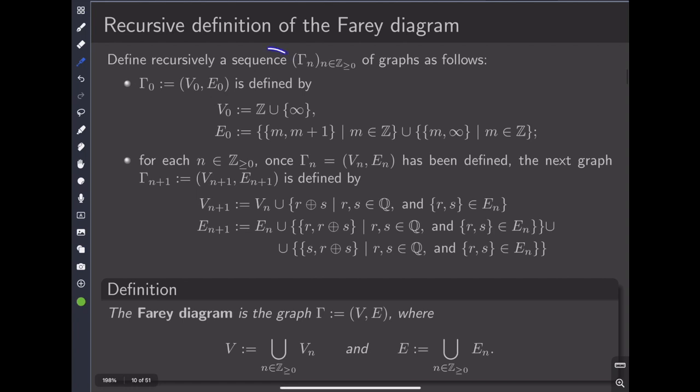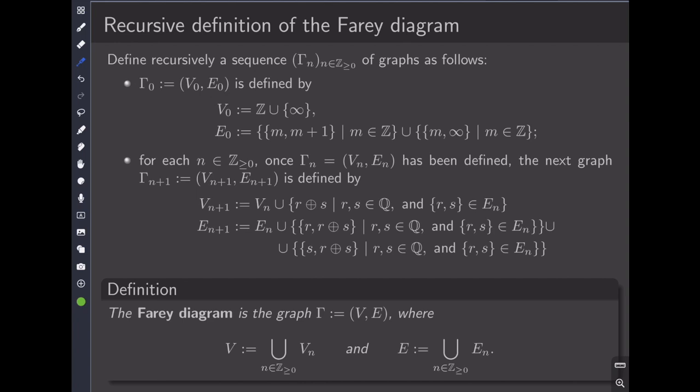Reminder of the recursive definition: we start with just the integers as vertices. There is an edge between any two consecutive integers, and there is an edge between each integer and infinity. Then we start taking naive sums of things that are already connected.